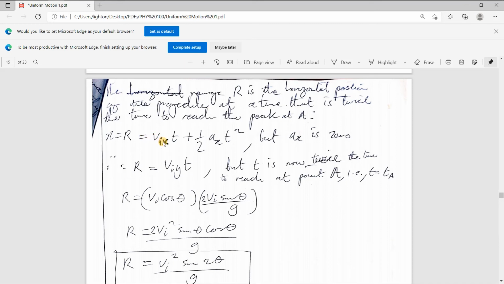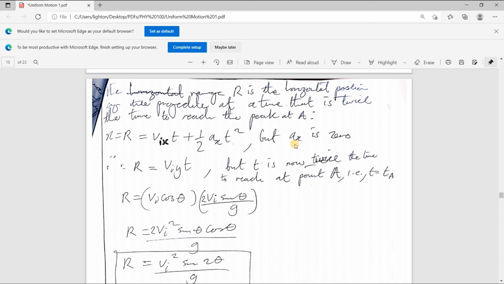x equals v subscript i x times time plus half a subscript x t squared. So now when you look at this, an equation of uniform motion, we use this equation for the range, but a subscript x is 0. This is just acceleration in the horizontal axis is 0, as we saw in the notes.